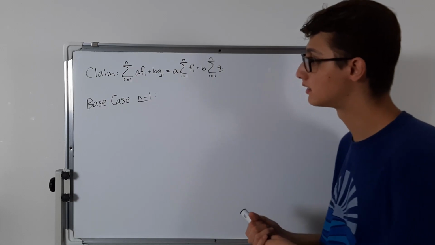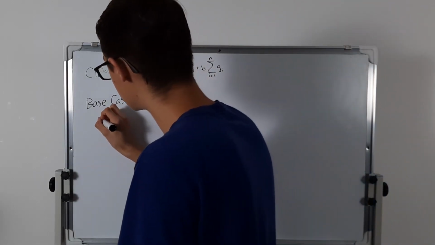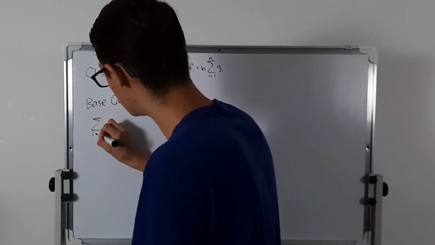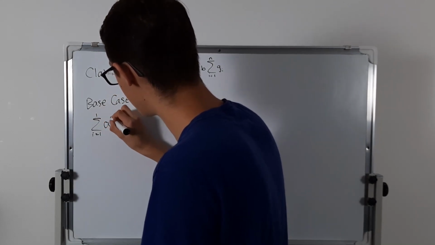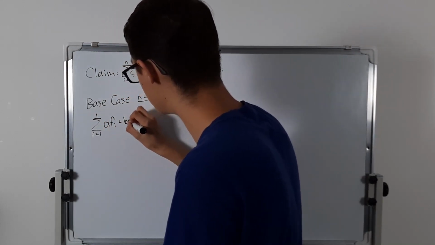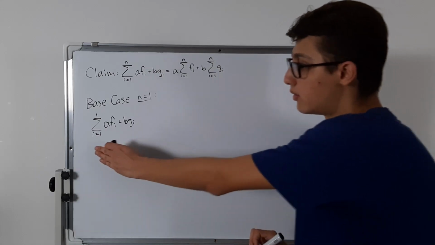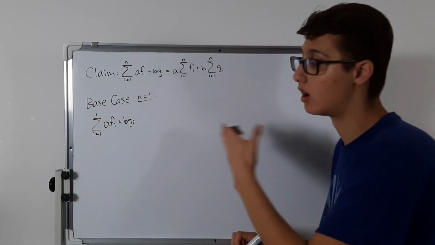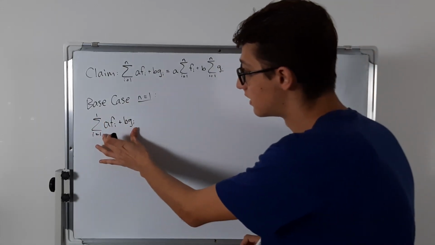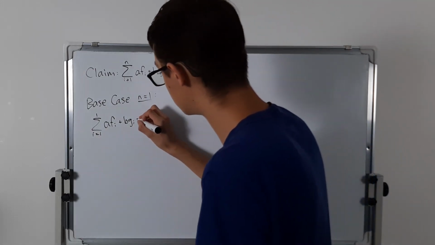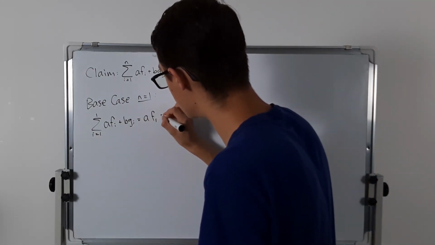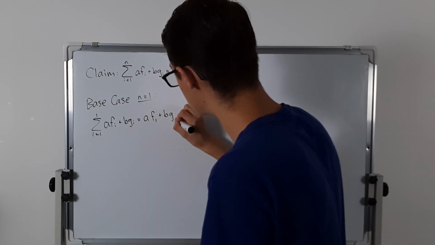Okay, so with the base case, all we're doing is taking the sum from I equals 1 to 1 of AFI plus BGI. And if we have the sum from 1 to 1, all that is just the term itself evaluated at 1. So this is just going to be AF1 plus BG1. And that's it.